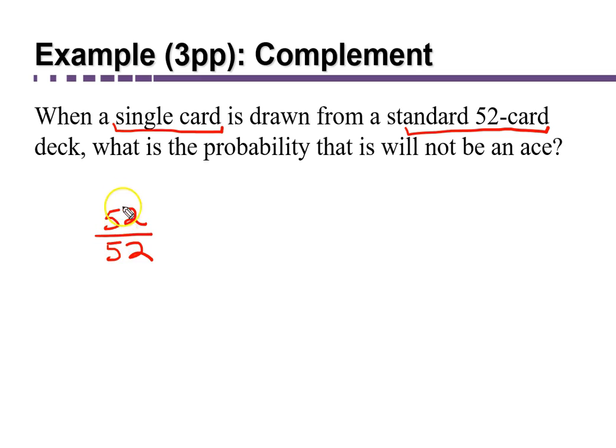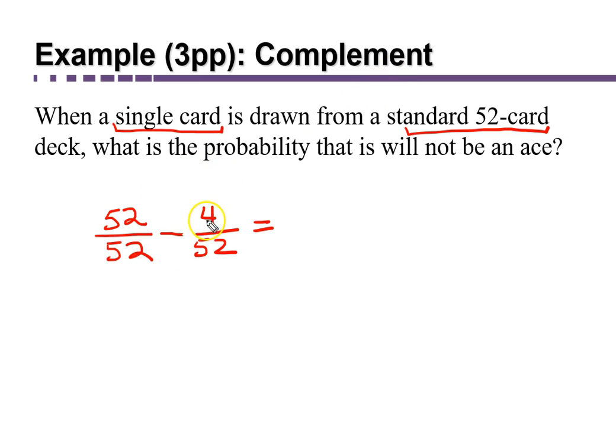And that's the whole. That's 1. Now, one way of looking at it is we can subtract from that 52 card deck an ace. Now, how many aces are there in the deck? Well, we said there were 4. So now, when we do the subtraction, remember, this is what we're looking for, but in a sense, we're looking for the complement here, what would be left.